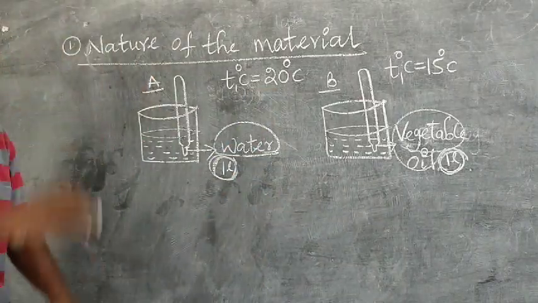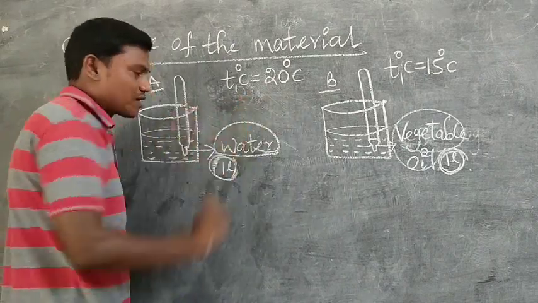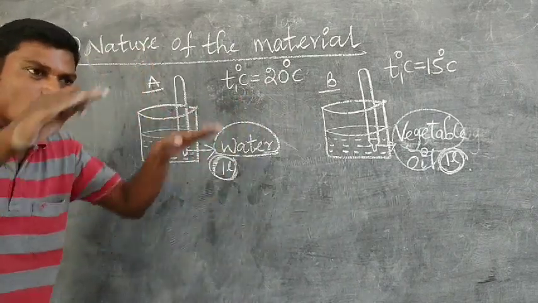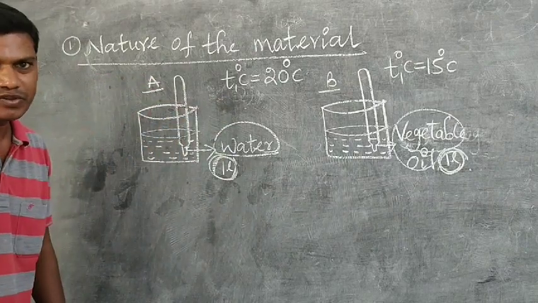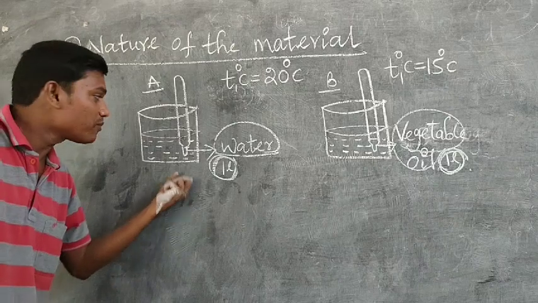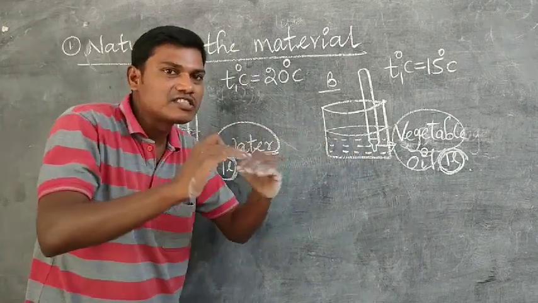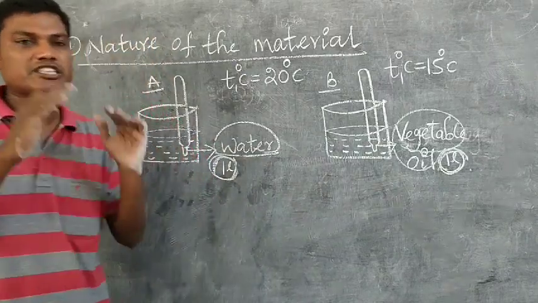After that, what can we do? Now the two vessels along with the thermometers are placed over the flame. But you must supply the heat energy to vessels A and B in equal value. How equal?